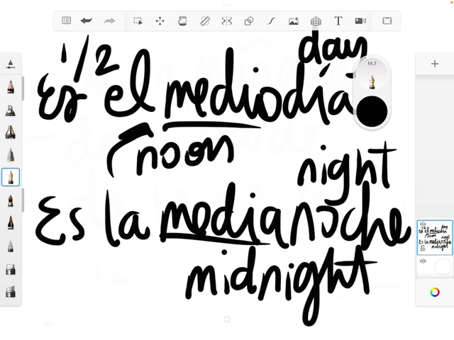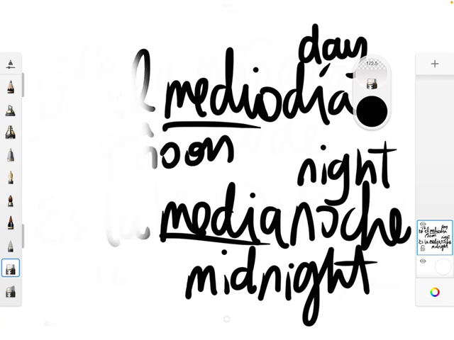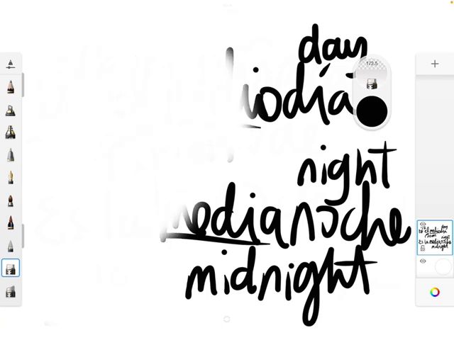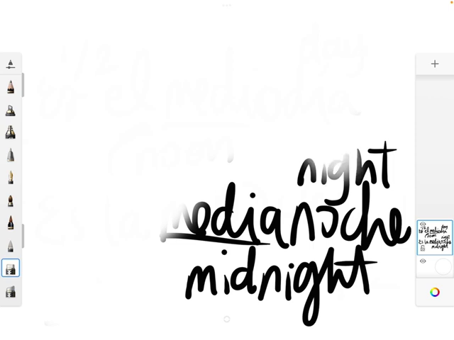Okay, so to ask or state at what time a particular event will take place, we use the constructions a qué hora and then a las plus the time. So, ¿a qué hora es la clase? La clase es a las 1. So that a is going to help you say basically like at.